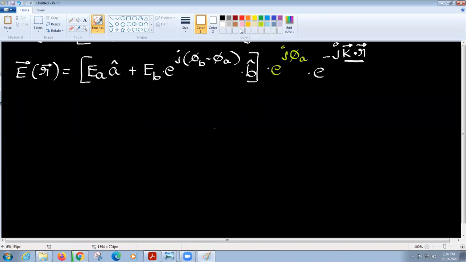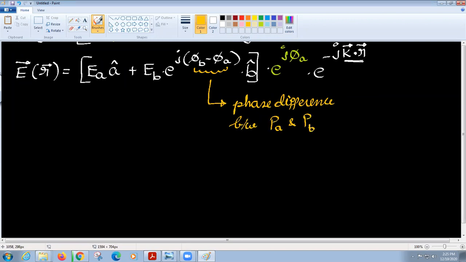Okay. Now we are going to interpret this as follows. Okay, so this component is like the phase difference between two complex quantities. Say you have PA and PB. All right, and you're seeing this over here, and this e power j phi a.